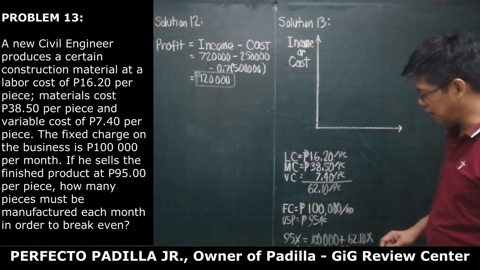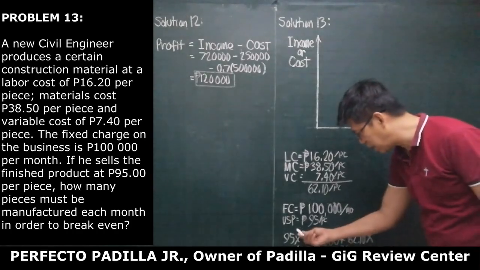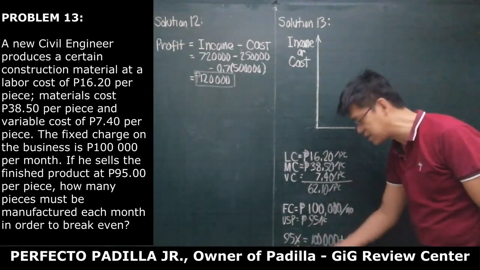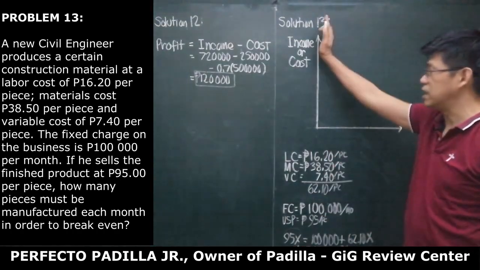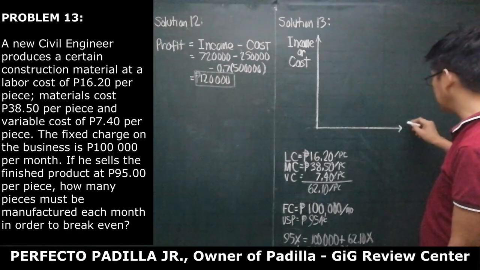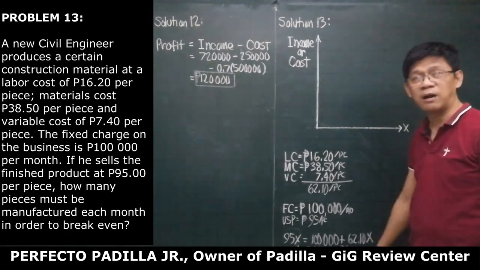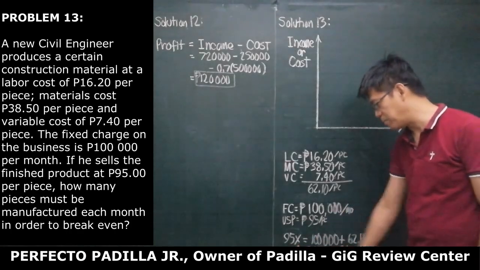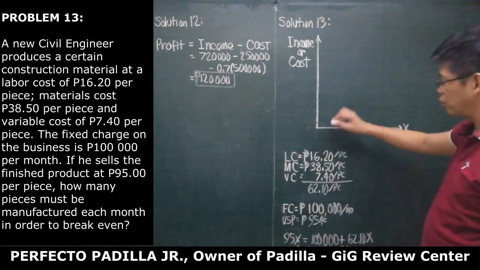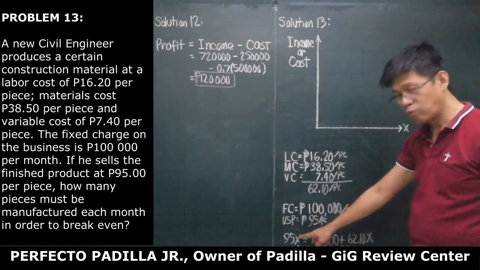Now, graphically, ganito yung itsura. Itong income 95 times X, kung ang equation mo is Y, the Y is the income, the horizontal is the X, the units that are sold at 95 per piece. So, therefore, when X is 0, Y is 0.